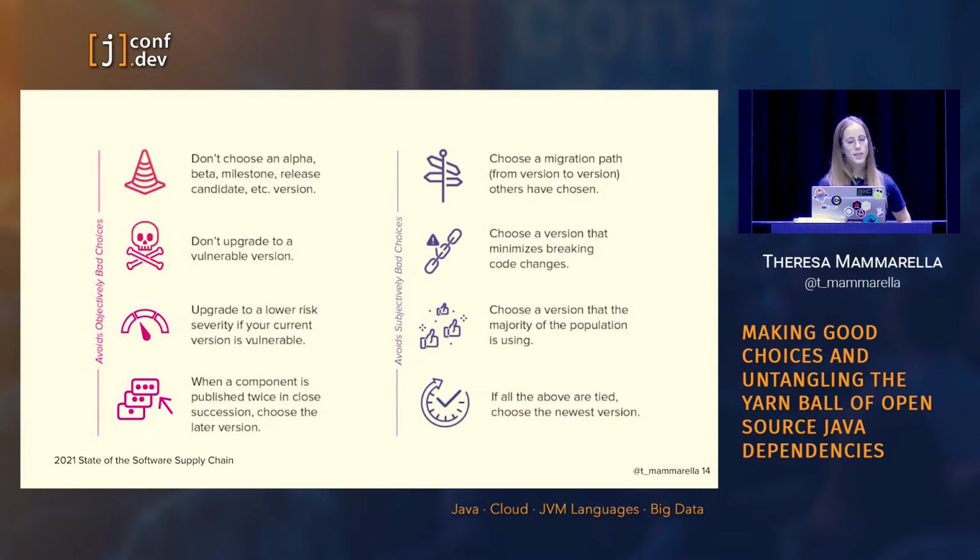So, for example, you might want to stay on a common migration path to reduce build breaks. Choose a version that the majority of people are using, because believe it or not, there are studies showing that there is some safety in staying with the herd. And if all else is tied, choose the newest version to stay fresh and eliminate technical debt.